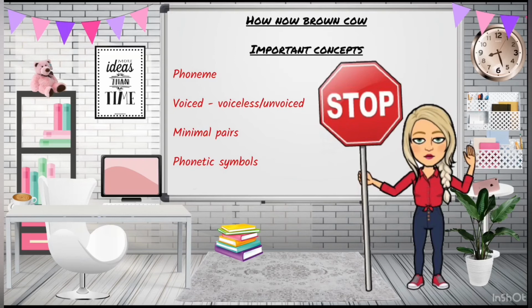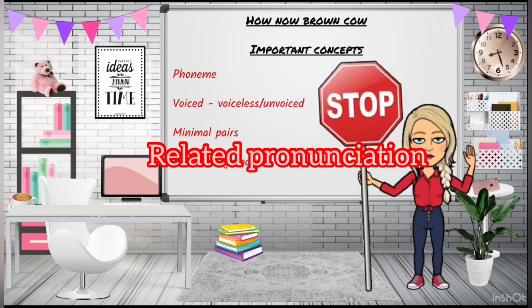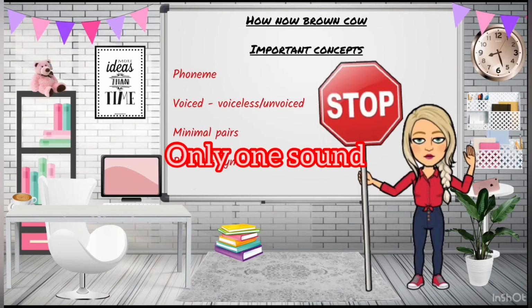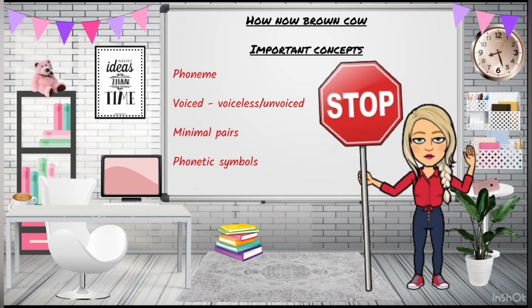So you say pin and bin, and you see the difference. Tin and din also. Those are minimal pairs. You have a very related pronunciation between words that have only one sound as a difference.